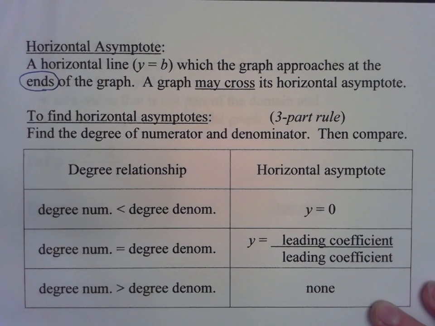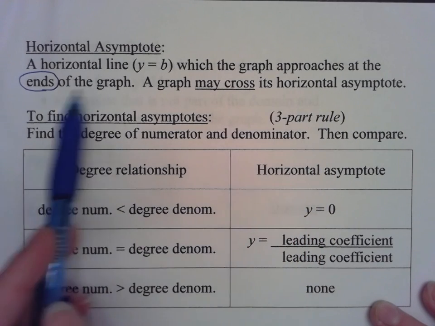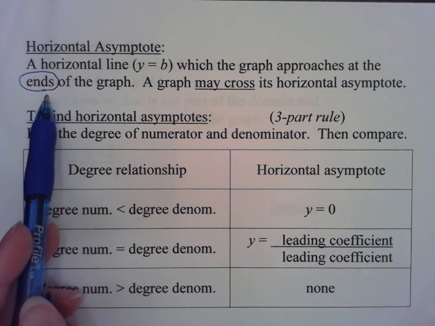We're going to focus mostly on the ones that have just 2 parts, but anytime you have more than 2 parts, 3 parts or 4 parts, those middle parts may cross over the horizontal asymptote, because the horizontal asymptote is not really about the middle parts, it's about the ends. So we draw that dotted line because we want to figure out where the ends are going to taper off or level out.